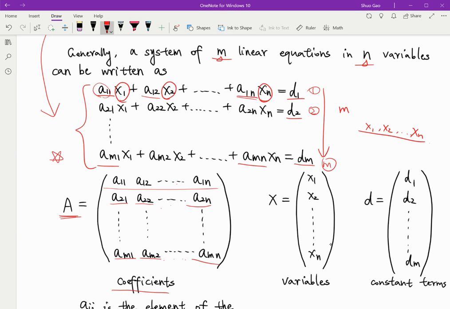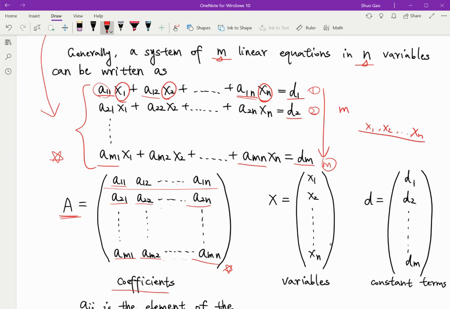So this is called matrix A, the coefficient matrix. And we separate each coefficient by just a space. There's no comma in between, just a space. It's like arrays of coefficients in this form. So this is called a matrix.